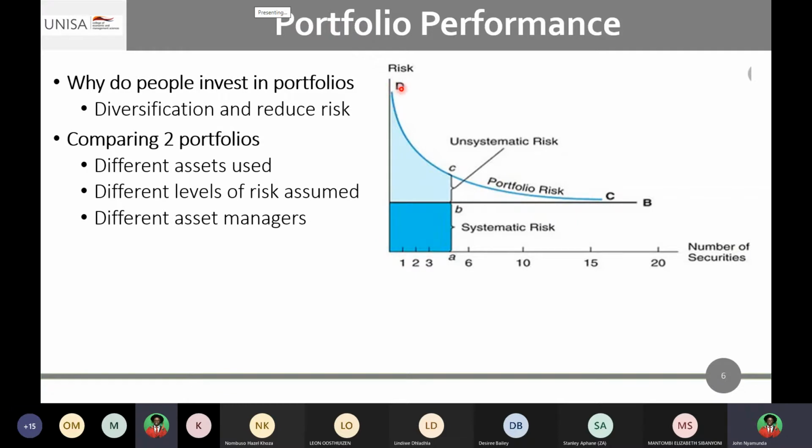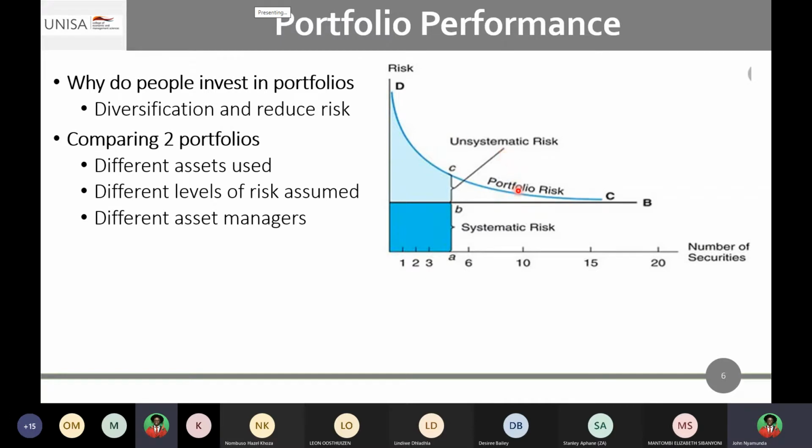You see where there's D there. But that unsystematic risk continues to reduce as long as you are increasing the number of securities. The moment you start increasing the number of securities, we say you are diversifying. And the more securities you buy, you get to a point where your unsystematic risk is completely gone.